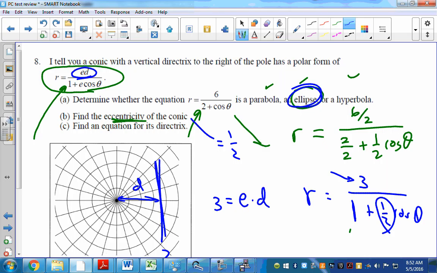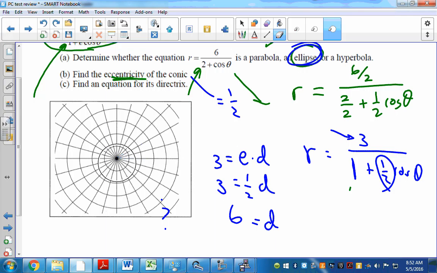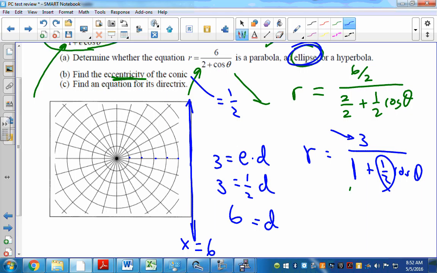But we've already calculated that e is 1/2. So that means d has got to be 6, right? So when I'm drawing my vertical directrix to the right of the pole, I'm going to go 6 units. 1, 2, 3, 4, 5, 6, and I'm over here. So x is equal to 6 would be the equation of the directrix. And again, that's a bonus thing, so you don't have to do that and still get an A+. You'll be okay.